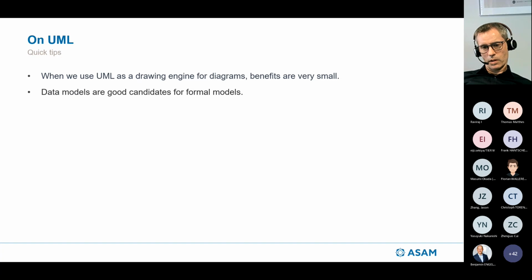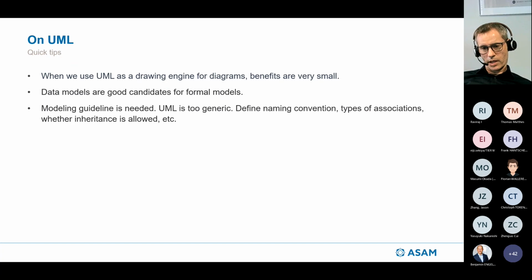Data models, however, are good candidates for formal models, especially class models, or you can say class diagrams. That's what we also did in a couple of standards like ODX or OpenSCENARIO. We saw this as a data model, and we modeled this in UML.